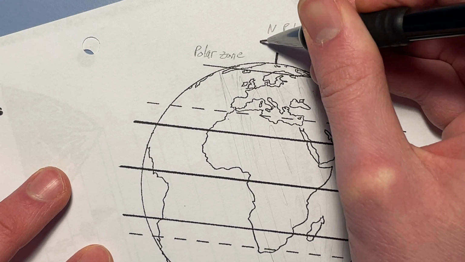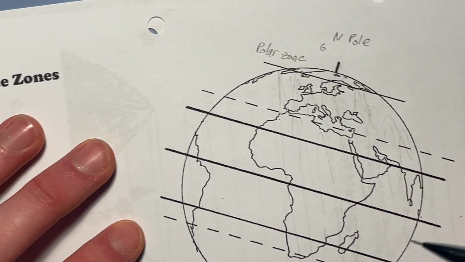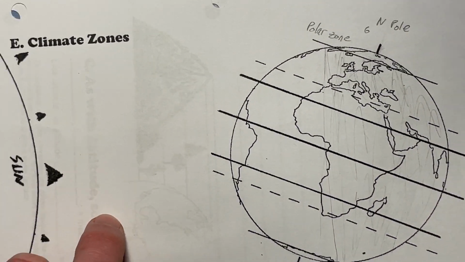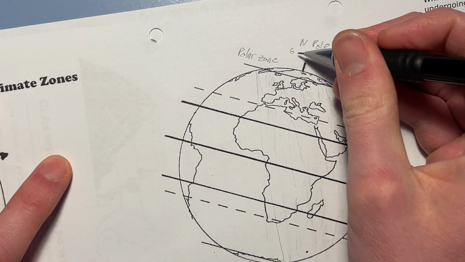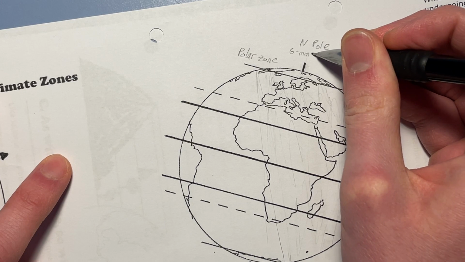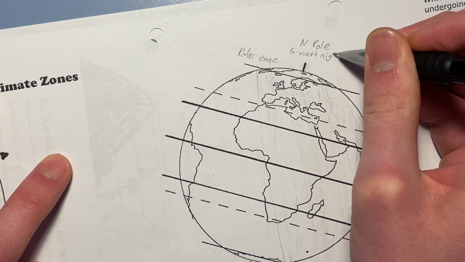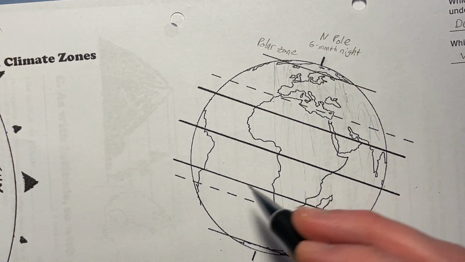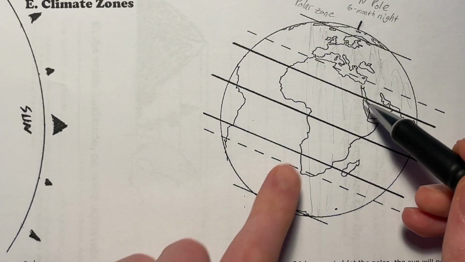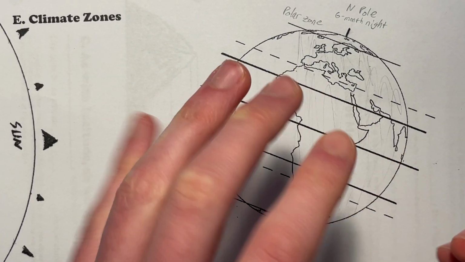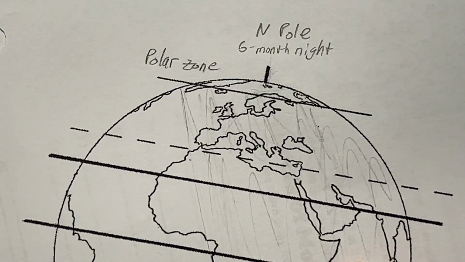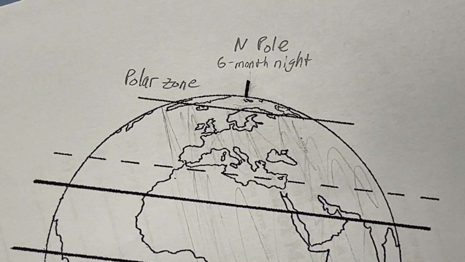And at my North Pole, at this moment in time, am I experiencing a 6-month day or a 6-month night? A 6-month night. Because in this diagram, it's December. Now, for your homework or for a quiz or something, I might give you the Earth during the summer or during the winter, or I might change it up.